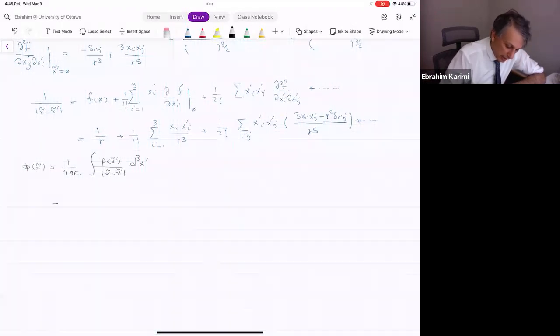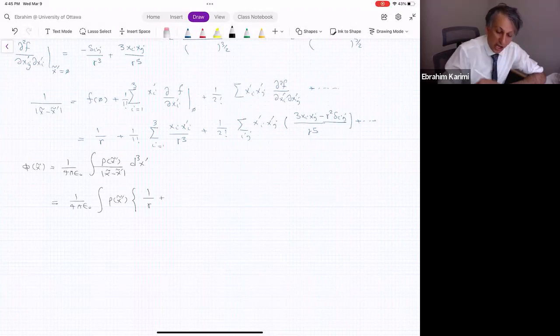And now I have done the expansions, so it means that I will get rho of x prime multiplied by all of these terms: 1 divided by r plus x i x prime i, i from 1 to 3, that is nothing more than x dot x prime, right?